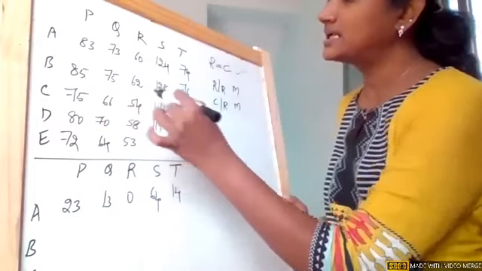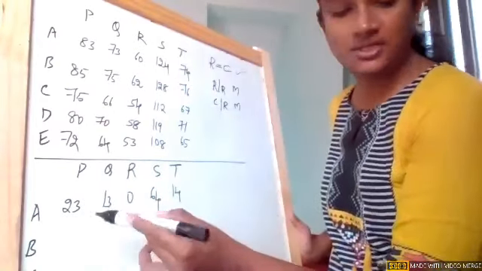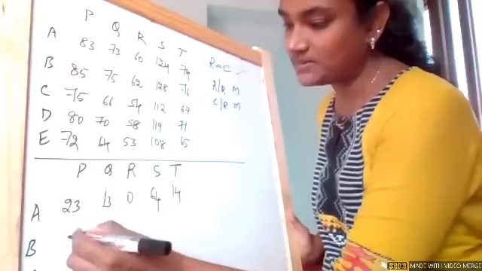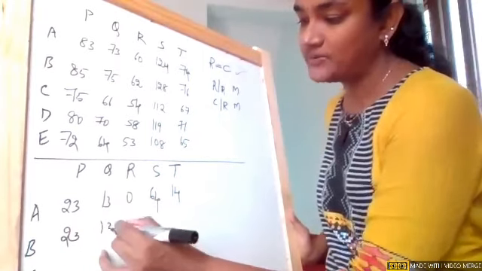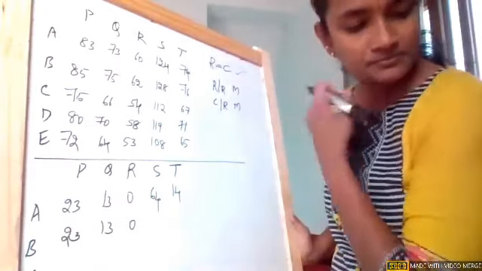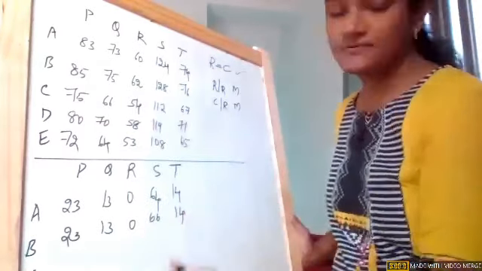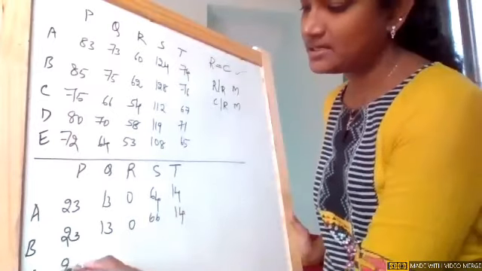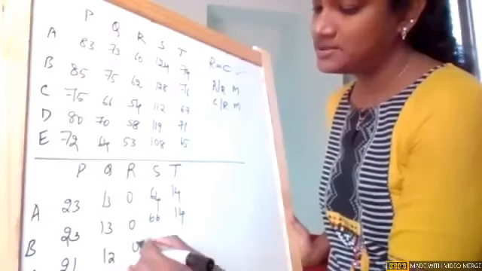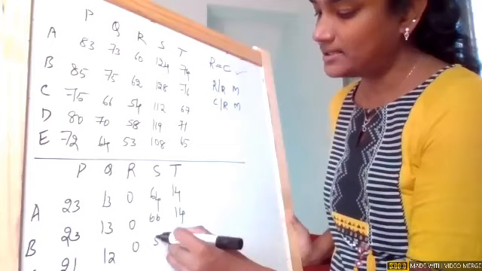In the next row, the lowest value is 62. When we subtract 62, it is 23, 13, 0, 66, and 14. The next lowest value is 54. When we subtract, it is 21, 12, 0, 58, and 13.